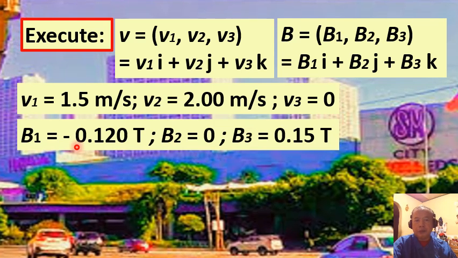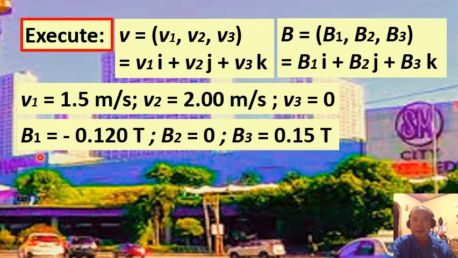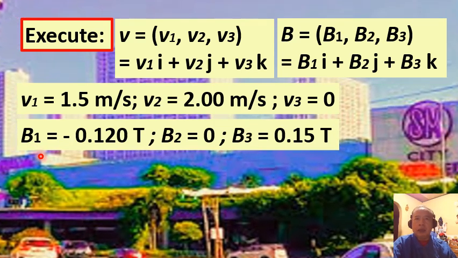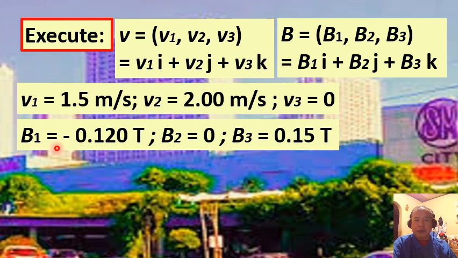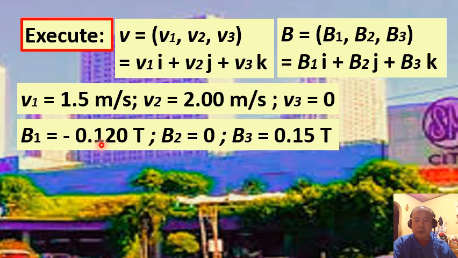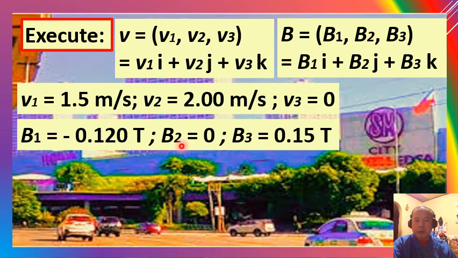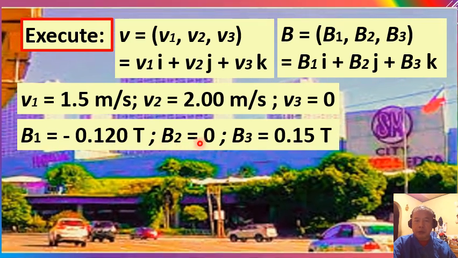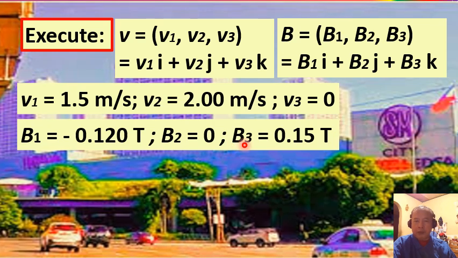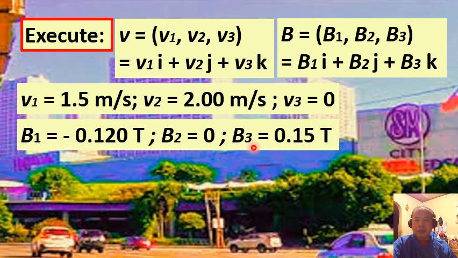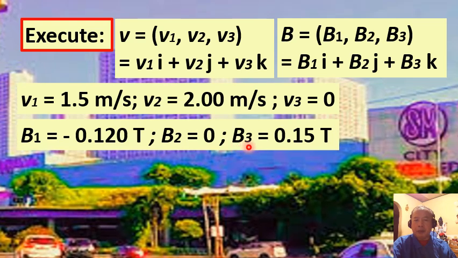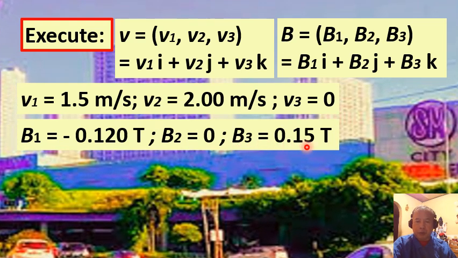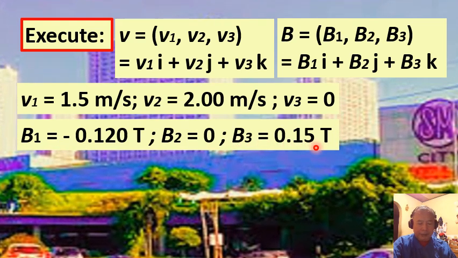Likewise, for the magnetic field, B1, or the x component, is equal to negative 0.120 Tesla. For the y component, capital B sub 2 equals 0. And for the z component, expressed as capital B sub 3, it is equal to 0.15 Tesla.